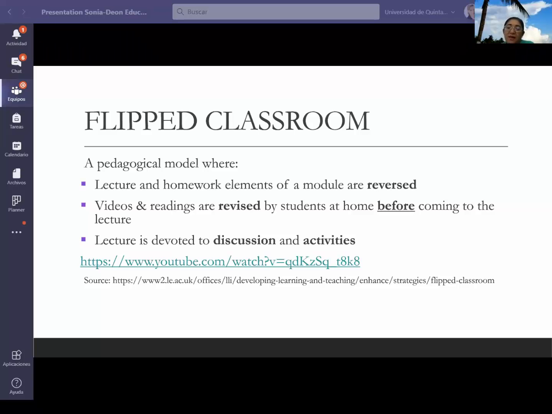Maybe it's going to happen one time or a second time, but if you have the students really be conscious that this is important and they need to do it, probably you will get a better response from the students. But in the meantime, we need to come up with certain techniques or strategies so that our class doesn't fall.